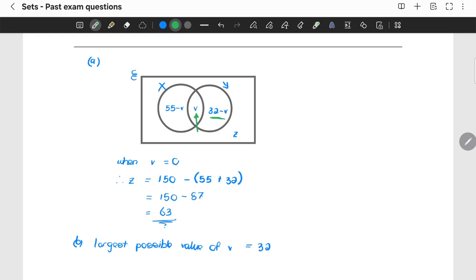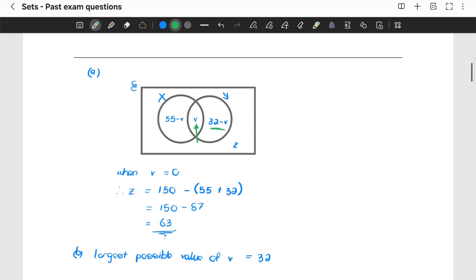If everything in y is in the intersection of x and y, which is 32, then that's the largest value of v. It can't be 55 because y doesn't have 55 things. So the smaller one, which is y, has 32 elements. The largest possible value of v is when everything in y is in x. So v becomes 32. So that's the answer.